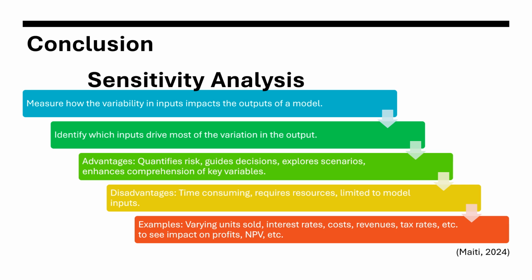This technique examines how changes in key input variables like sales volume or cost impact the project's NPV, providing insight into the potential range of outcomes based on different assumptions. Overall, sensitivity analyses measure how the variability in inputs impacts the outputs of a model, and they identify which inputs drive most of the variation in the output.